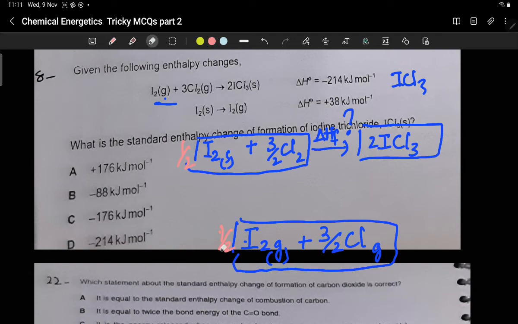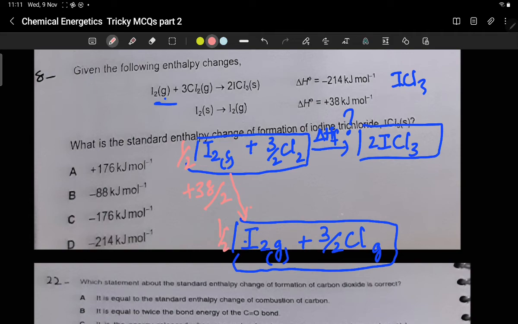So this is plus 32, and we know that this is half of its bond energy, 38 divided by 2.